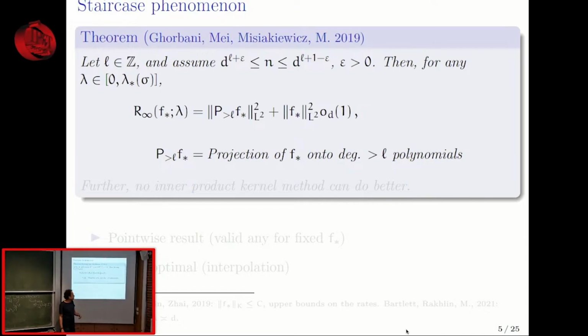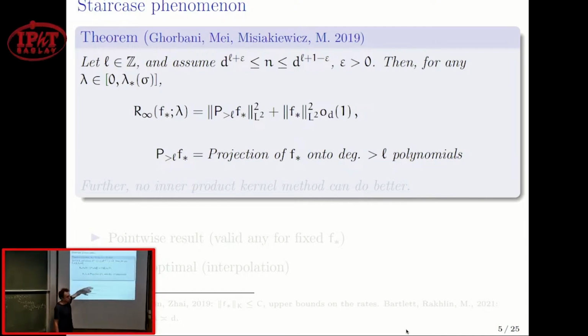This projection is the orthogonal projection in L2 of the sphere. So basically, what this means is that when you fit this ridge regression, what you learn is the best approximation to the target function by degree L polynomials, and all the rest looks to you as noise.